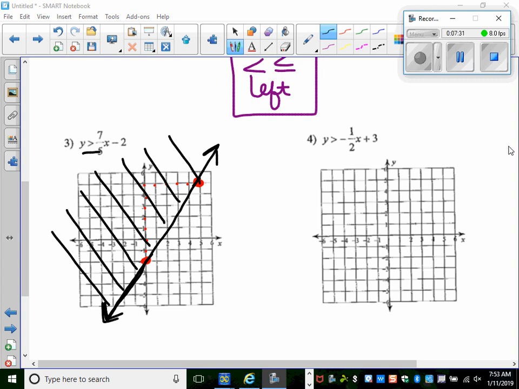All right, let's do one more. Let's start at +3. And then I'm going to go down 1 and then to the right 2. And we'll keep this one as a dashed line. Okay, and since this is also greater, you shade above the line.